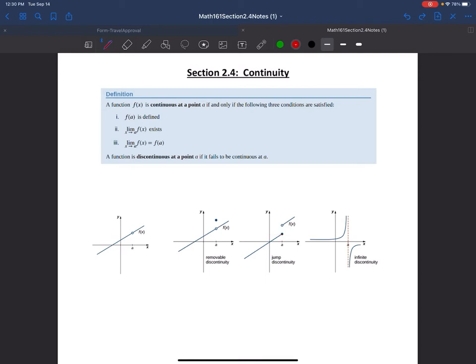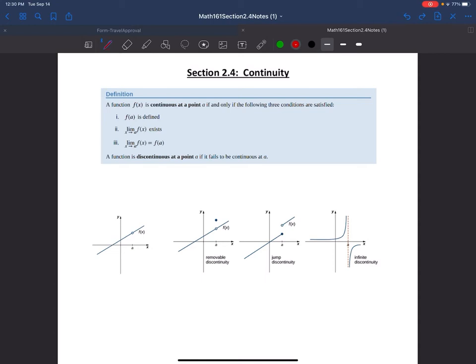Now, the last one, we call an infinite discontinuity because actually nothing is satisfied in this example. f of a is not defined because at a we have an asymptote, which means there's no value for the function. The limit doesn't exist because it's an infinite limit on the left and the right.